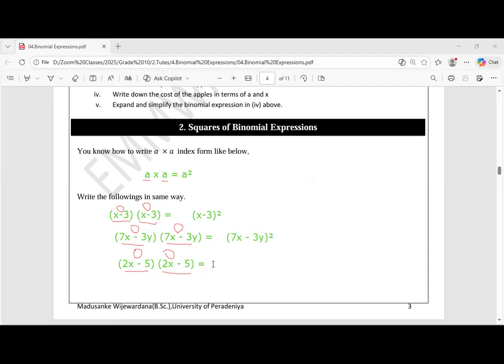And here also the same identical algebraic expression, 2x minus 5 to the power 2. So your answer should be this. Yes, Tanuli has sent me the answer. Super.